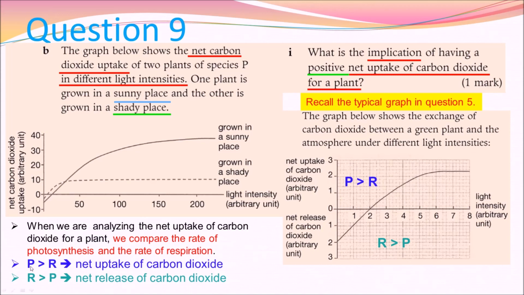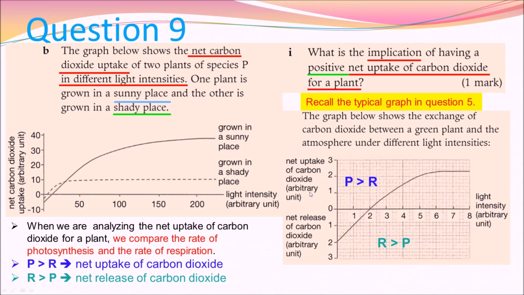If photosynthesis is higher than the rate of respiration, there will be net uptake of carbon dioxide, above zero. Photo is faster than resp, and resp faster than photo, there will be net release of carbon dioxide. Resp faster than photo, below zero, net release of carbon dioxide. And above zero will be net uptake of carbon dioxide.